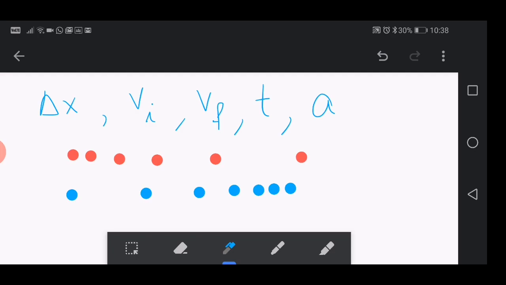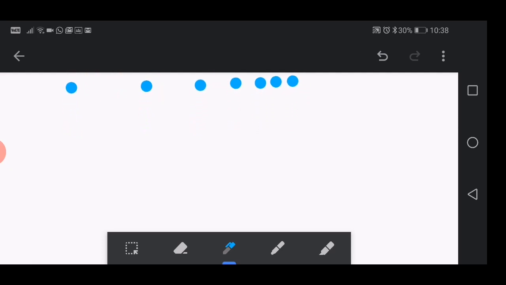So, considering only situations where an object moves on a straight line, how do we calculate a given value when you have a limited set of variables?